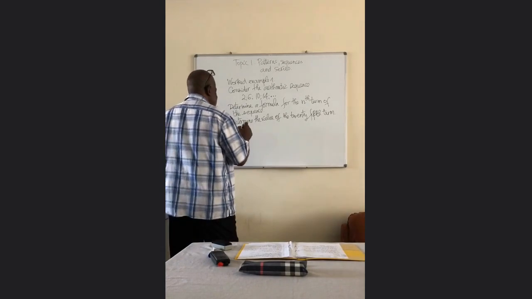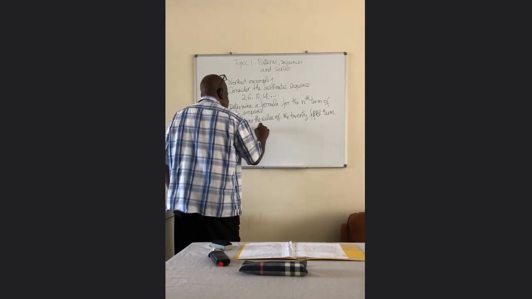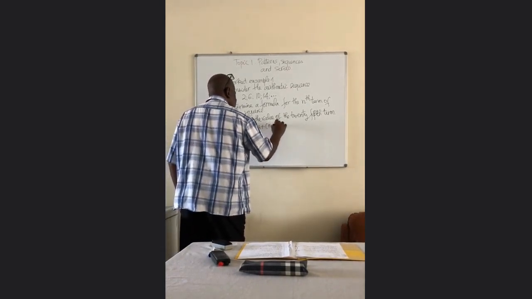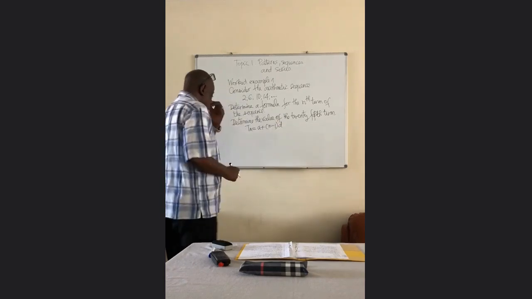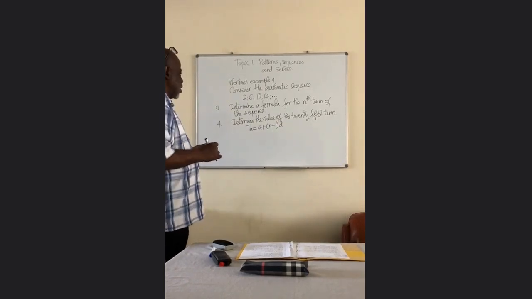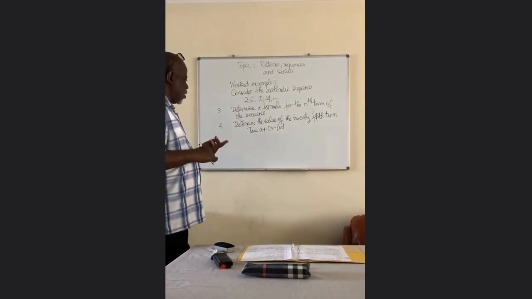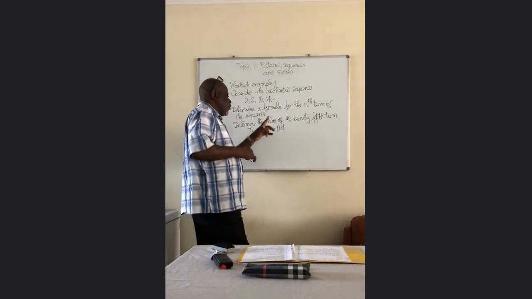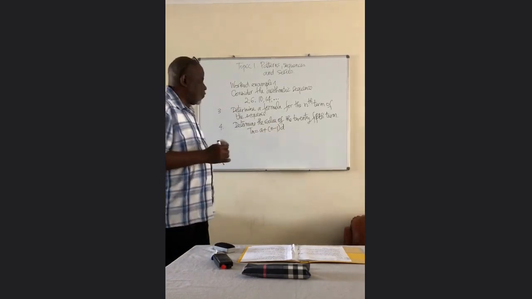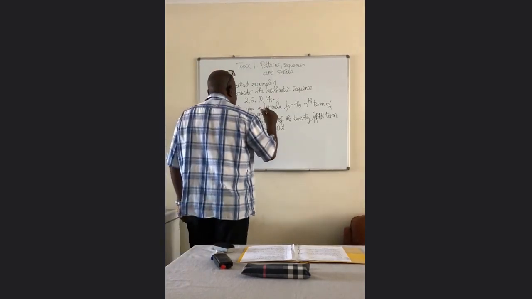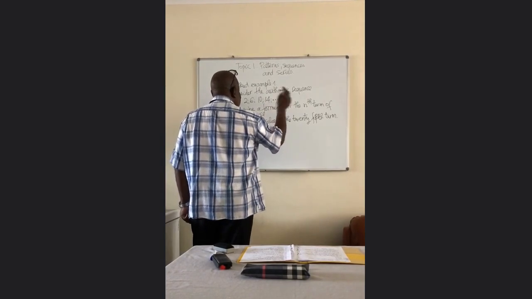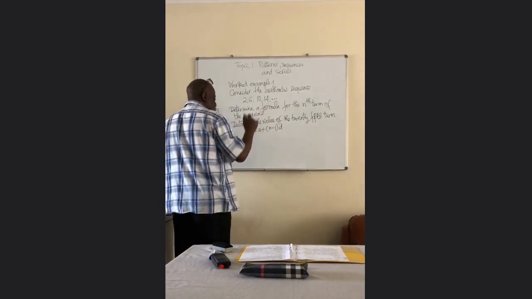Remember, the formula is Tn is equal to a plus n minus 1 times d. We need the first term, which we have already because the sequence was given, and d being the common difference, which is 4.